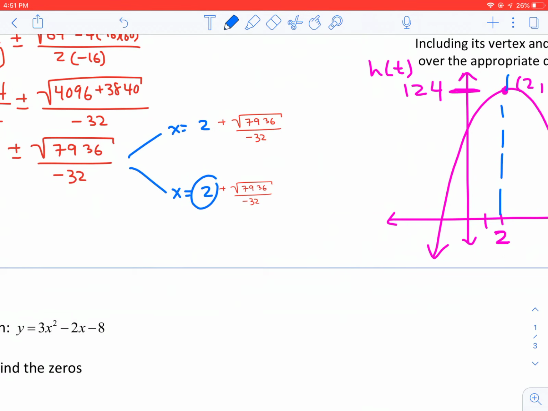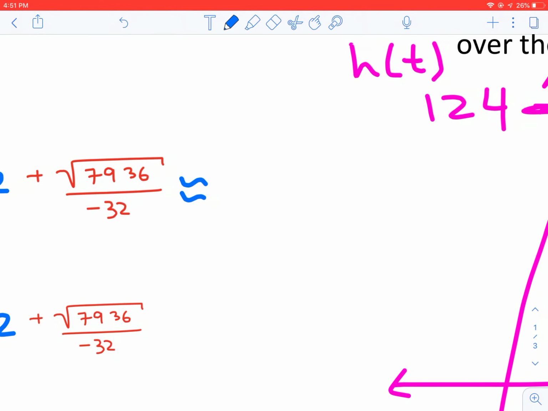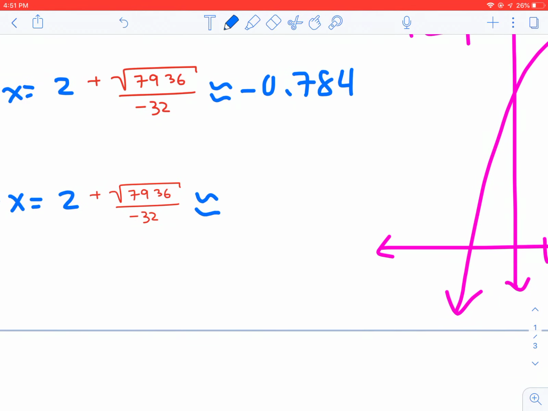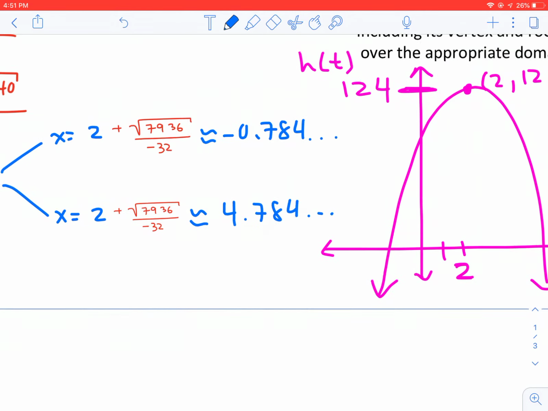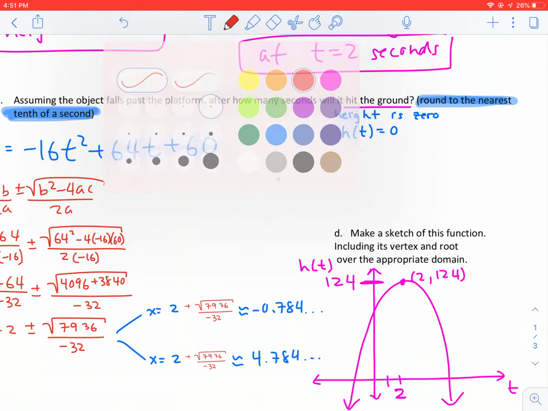All right. Typing this into your calculator, we should be getting around negative 0.784. And typing this into our calculator, we should be getting around 4.784, something, something, something. So assuming the object falls past the platform, after how many seconds is it going to hit the ground?